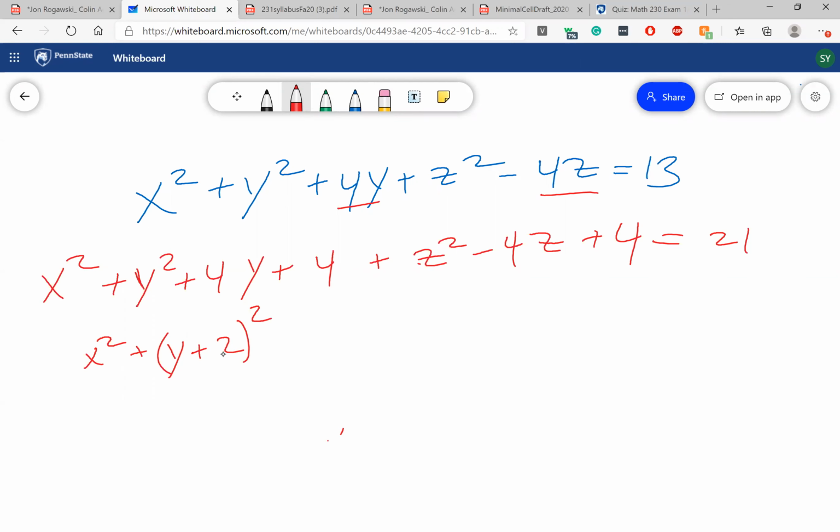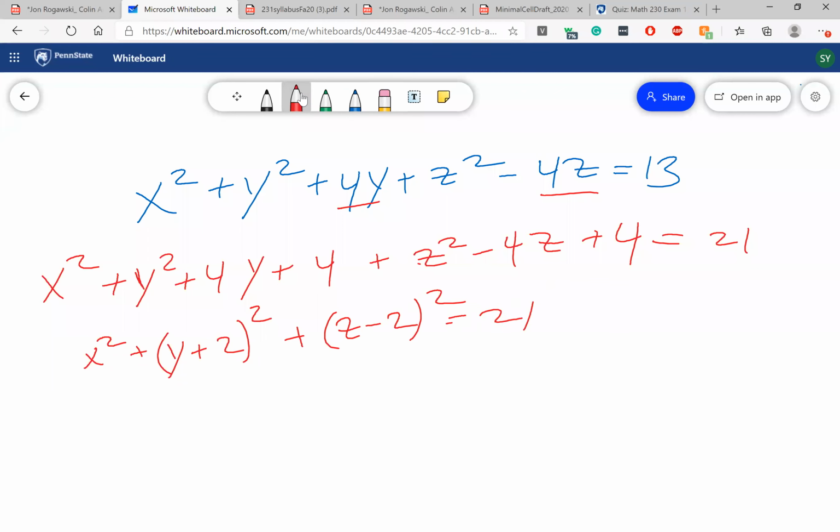So y plus 2, y squared is that, and then 2y and 2y gives you 4y, and then 2 times 2 gives you 4, plus, and then over here, we're just going to do (z minus 2) squared, and this is equal to 21.